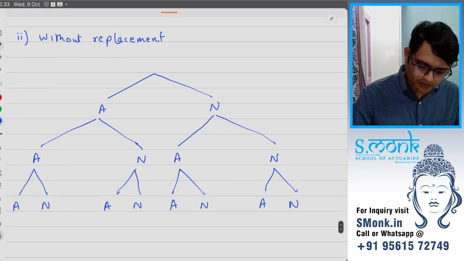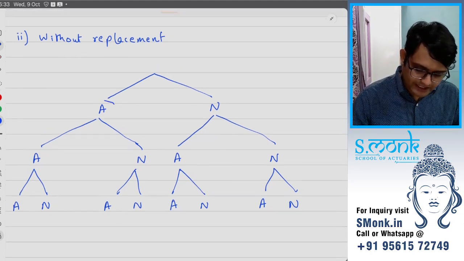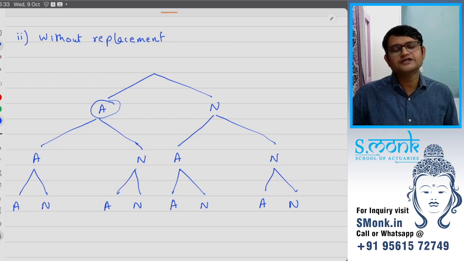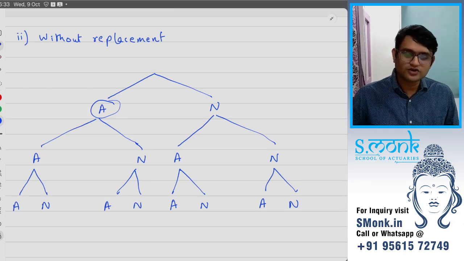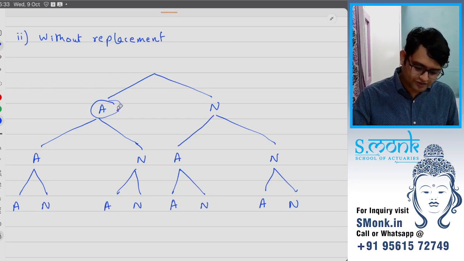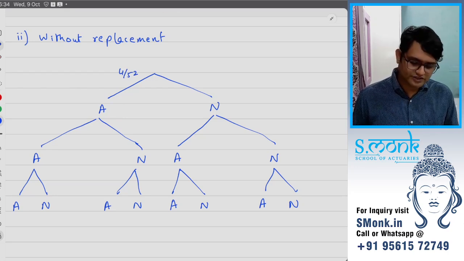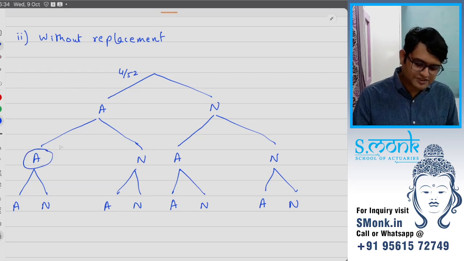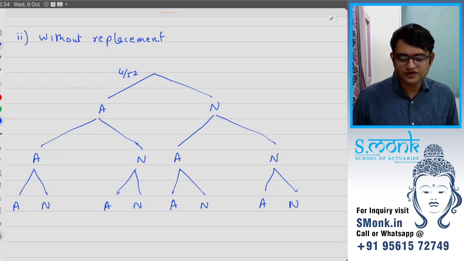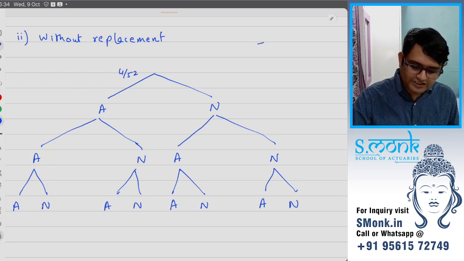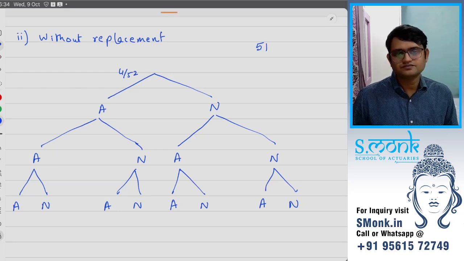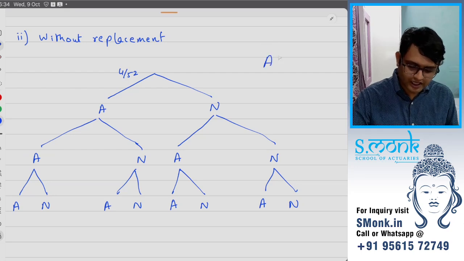Because in the first card, let's say I got an ace. I'm not replacing it back into the deck. So what happens is, probability of getting an ace in the first card is 4 by 52. We know that because we have 4 aces and out of total 52 cards. But now when I'm saying I'm selecting a second ace without replacing the first, now the total cards in the deck are going to be 51 because I took that ace, kept it aside.